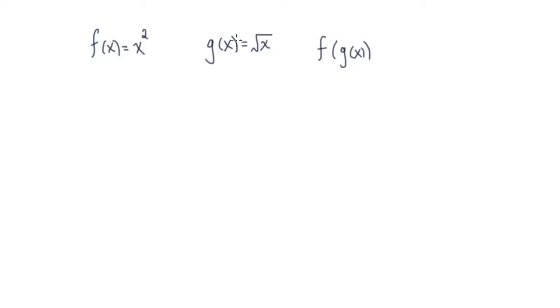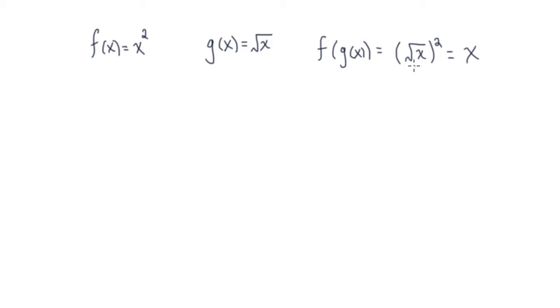Well, g just tells me to take the square root of the real number, and f tells me to square it. So this is going to be the square root of x, squared, which is x, with one condition.